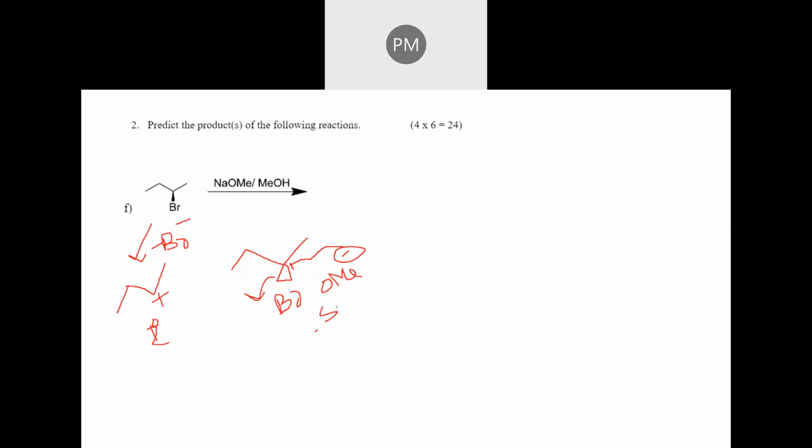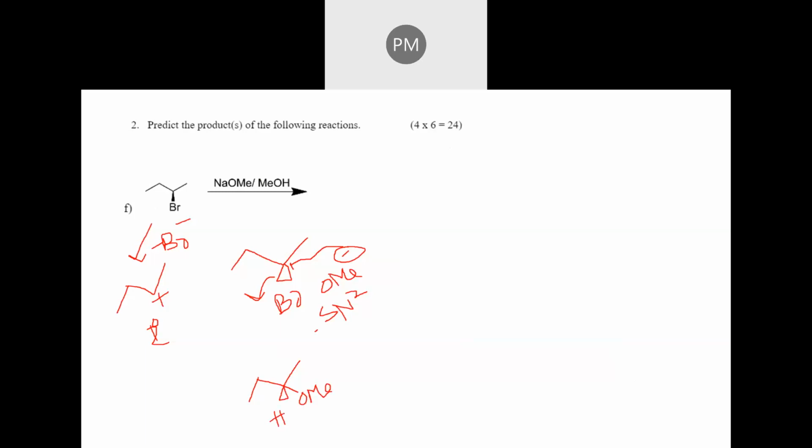So it will favor SN2, and the SN2 product will be, this will be the one product.